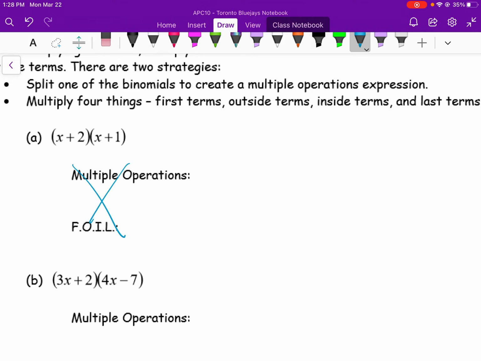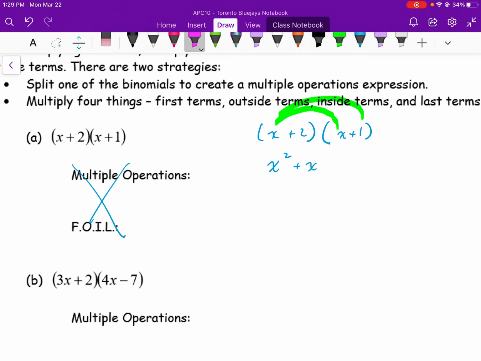So I'm just going to get rid of this, and I'm just going to multiply x plus 2 times x plus 1. So x needs to be multiplied to both those terms, needs to kiss the other terms. So what we have is x times x, and that gives me x squared. And x times plus 1 gives me x.